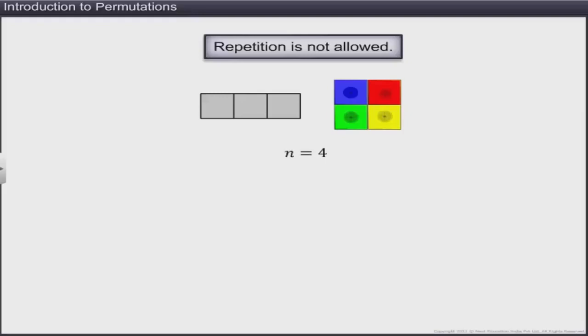This implies n equals 4. There are 3 places in the frame. This implies that we take 3 tiles at a time to fill the frame. Therefore, r is equal to 3. Therefore, the number of arrangements can be done in 4P3 ways. This result is similar to the one we saw earlier.